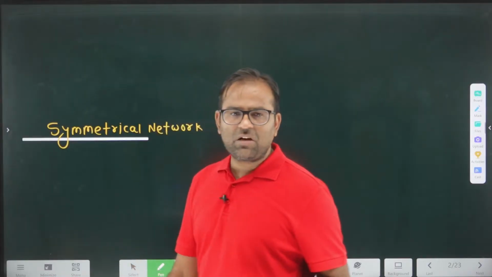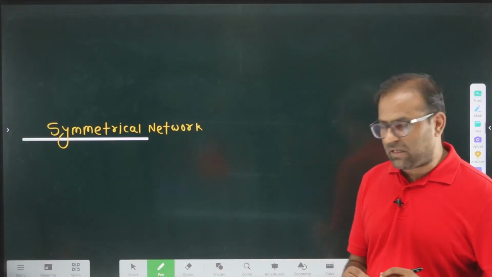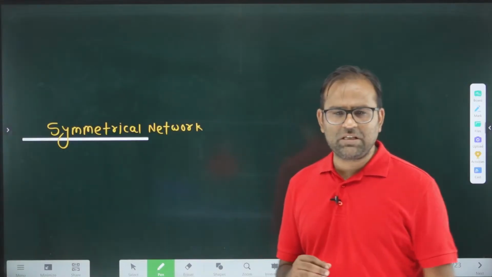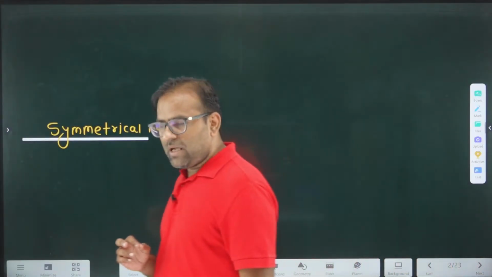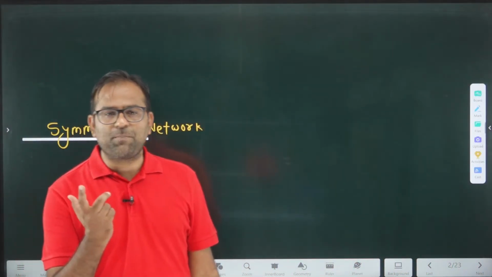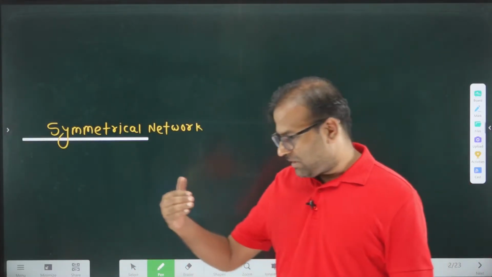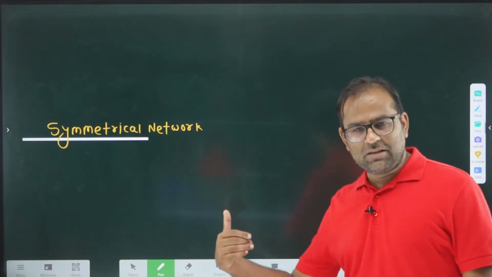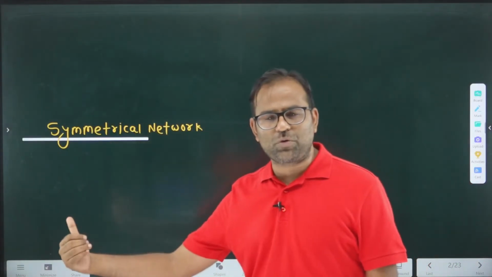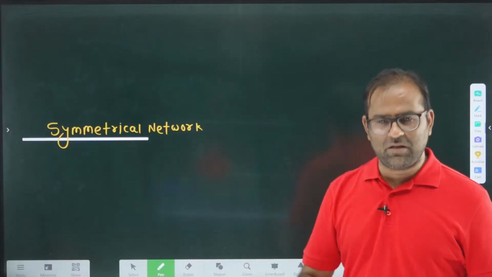What is the condition for which a two-port network is symmetrical? It's a very simple thing. If you swap the input port with the output port and the output port with the input port, and then calculate Z11 and the output resistance, if both are the same, you can say the network is symmetrical.